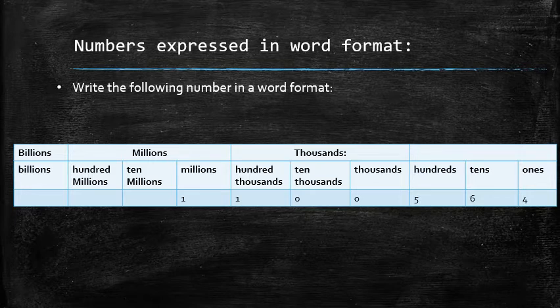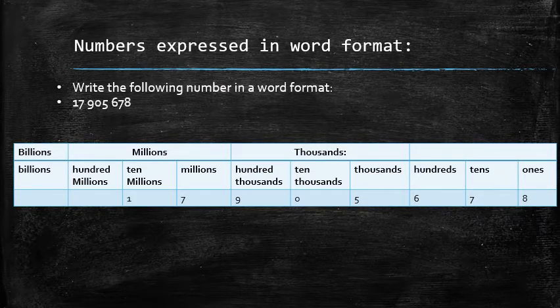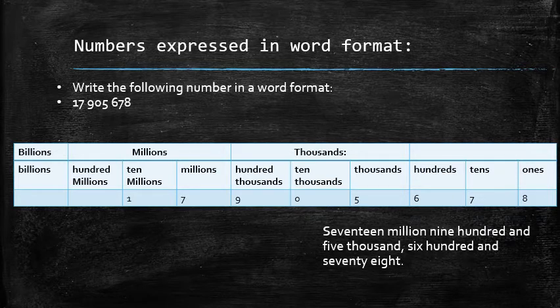Look at another example. So write the following number in a word format. Then we have a bigger number, so we still write it in from the right-hand side, and that gives us 1,100,000. There's no 10,000s, no thousands, 564. When we express numbers in word format, in this case, a bigger number, we get something like 17,905,678 using the same.